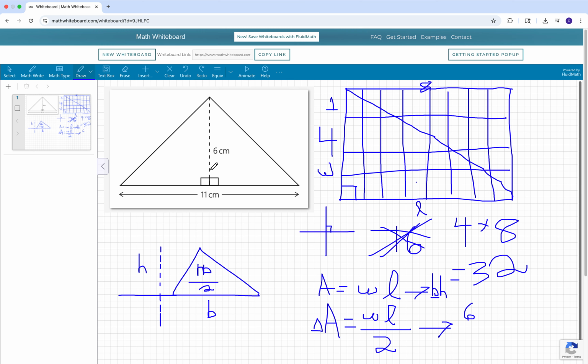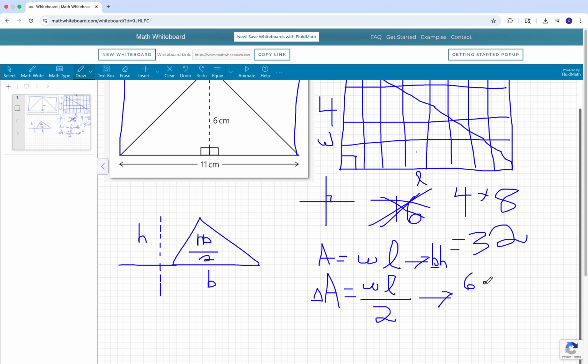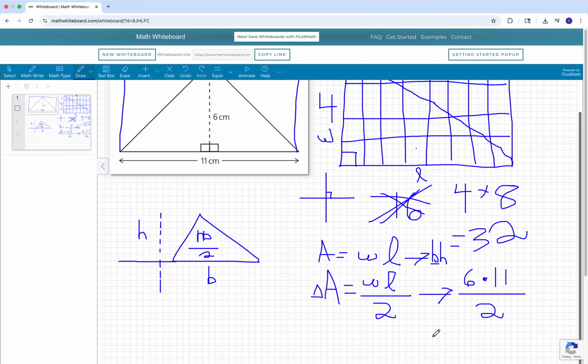It's like our rectangle is like this. Width and length. So it's 6 times 11 divided by 2. Do the math. 6 times 11 is 66. Divided by 2 is 33.